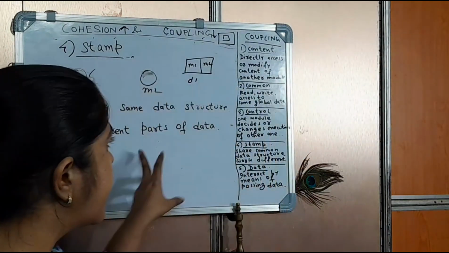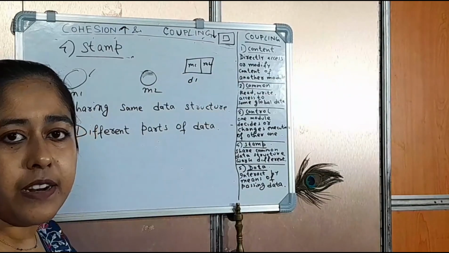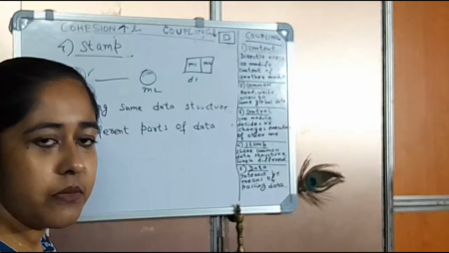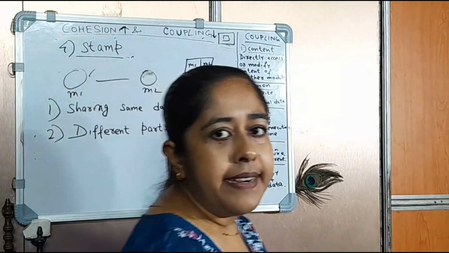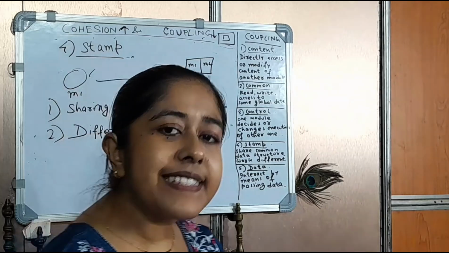So this is where the same data structure is shared between modules. The data structure of both modules is the same, but their tasks are different.